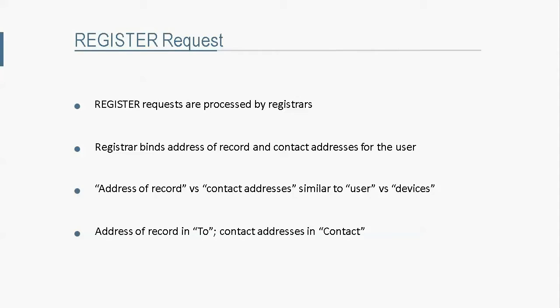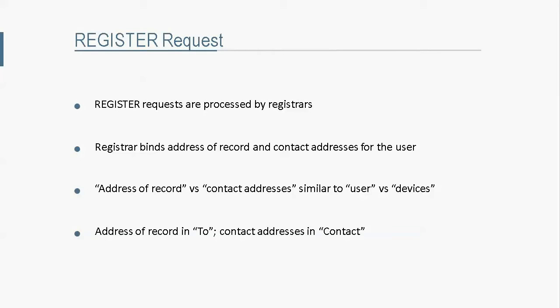Let's quickly go over some important points about register requests that will help us with the following sections of this tutorial. We will revisit these during the course of this tutorial. They are listed here just to be used as a quick reference in the future. Register requests are processed by registrars, a type of user agent server.